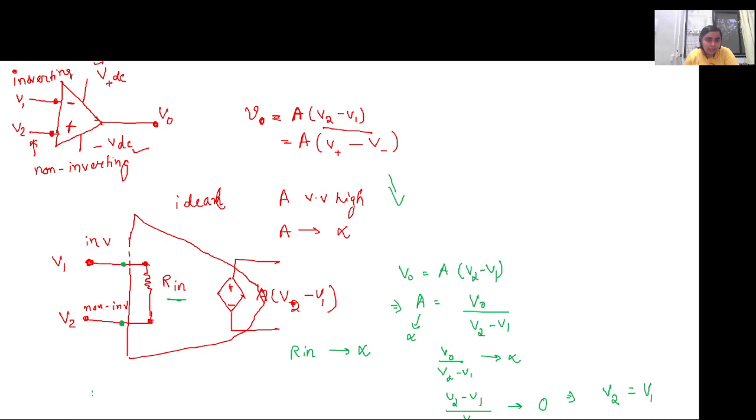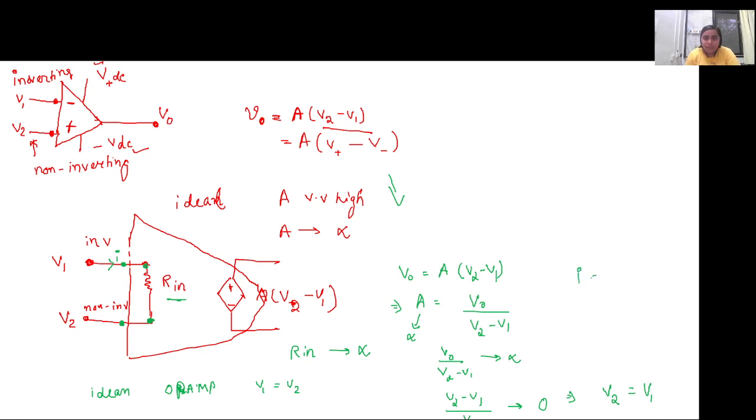So in case of an ideal op-amp, we get this condition that V1 will almost be equal to V2. And if this resistance Rin is very high, that means whatever current will flow will be a very small amount, because V1 will be almost equal to V2.